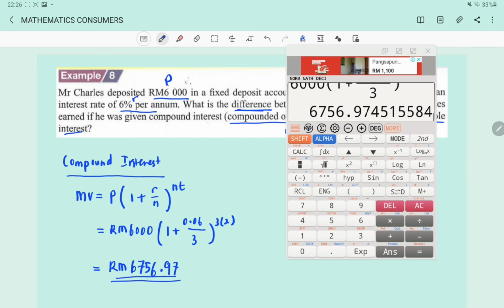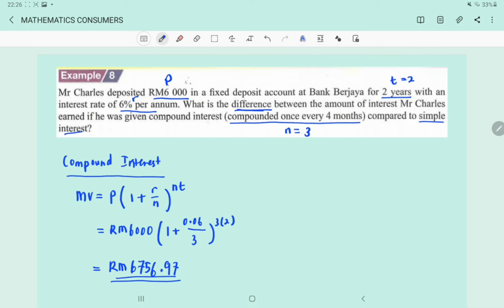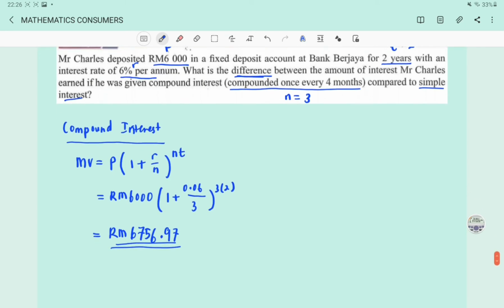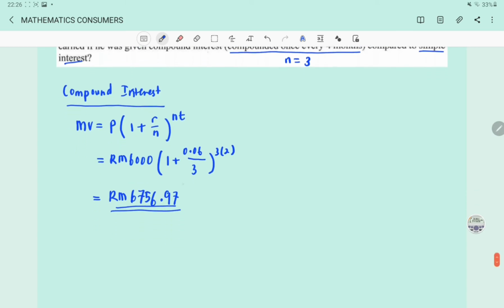This one is if it is compounded once every 4 months, but the question asks you to find the difference in amounts of interest. So this one is the total savings.